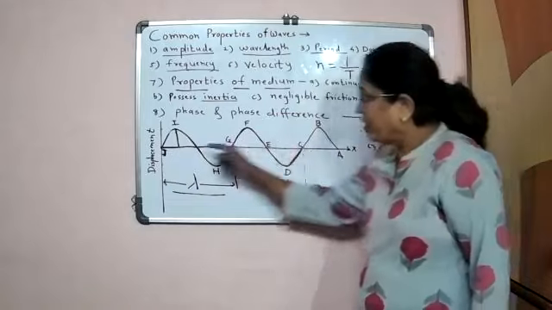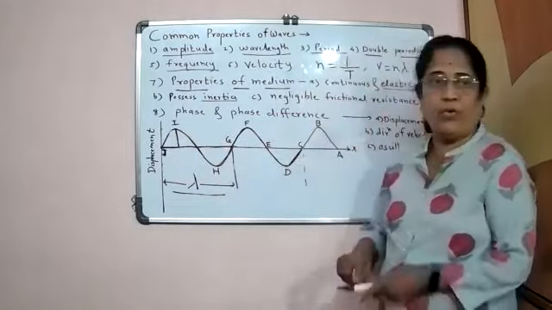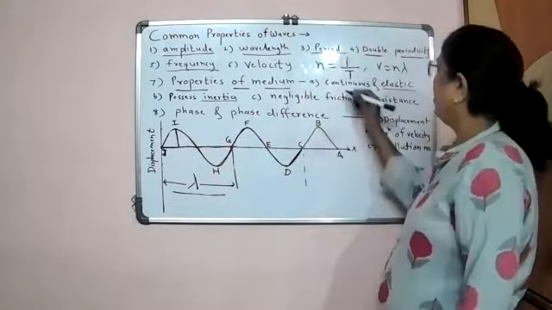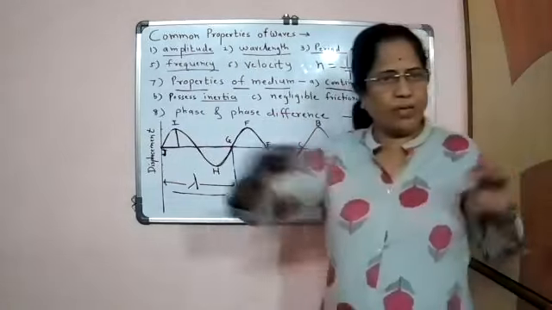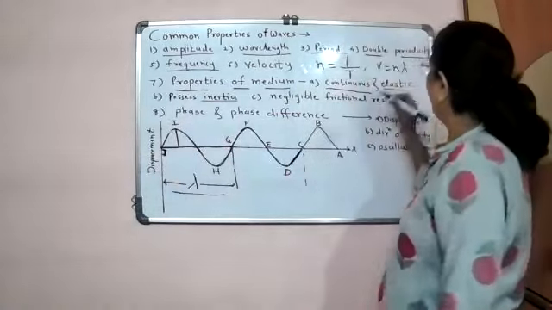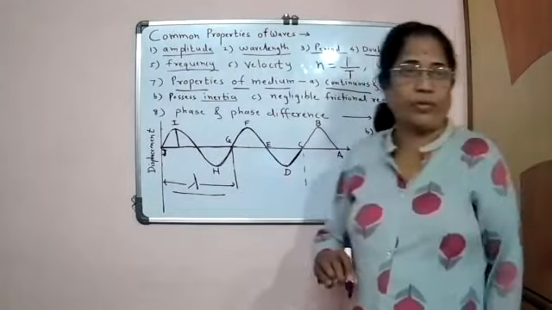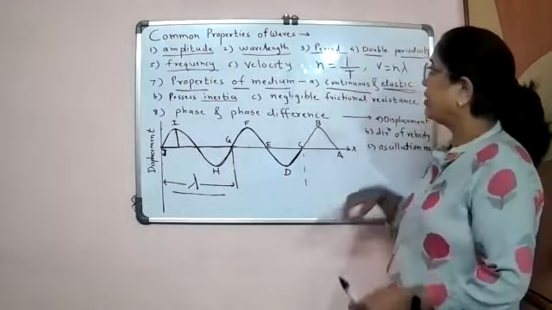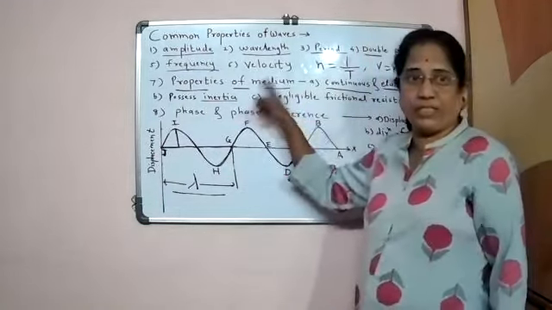म्हणजे काय तर this medium, what is the first property of the medium? It must be continuous. Medium continuous पाहिजे, and it must be elastic. So this is the first property that medium must possess.